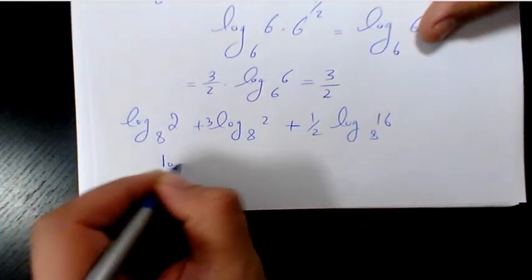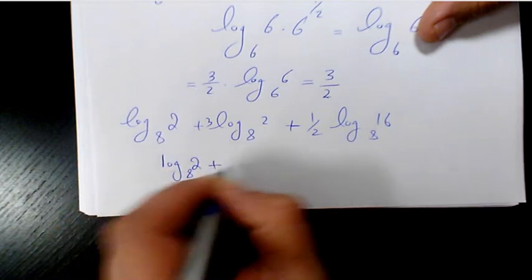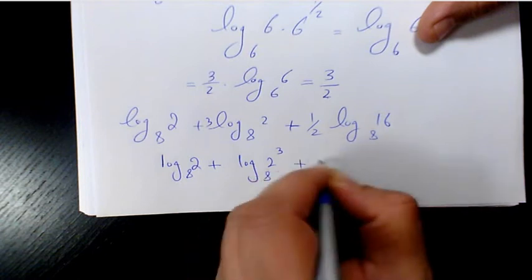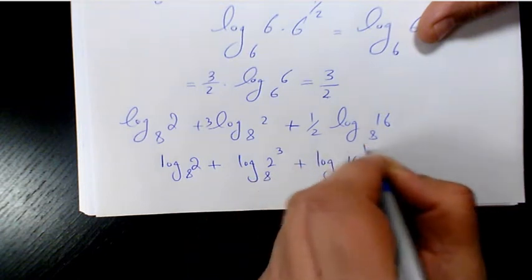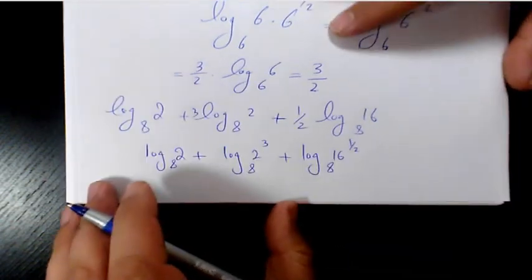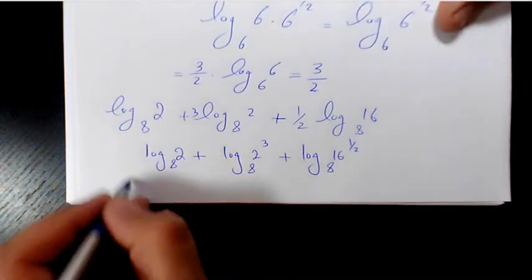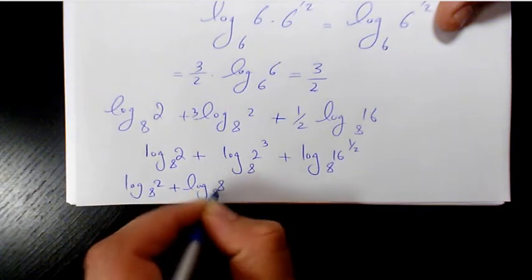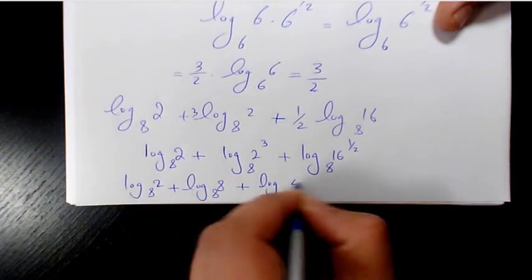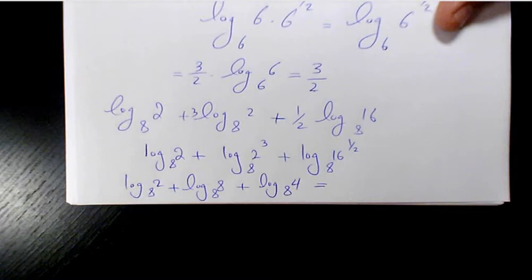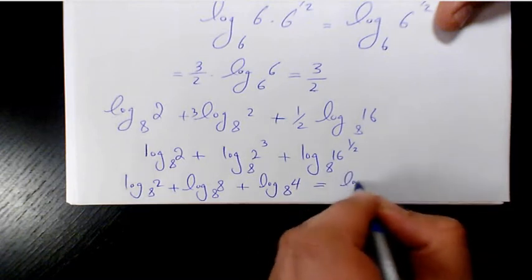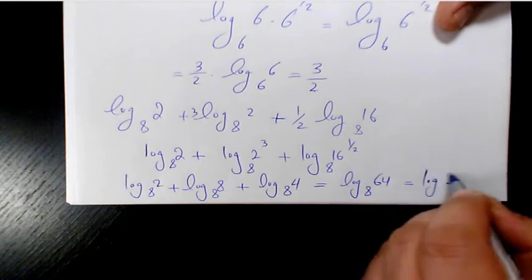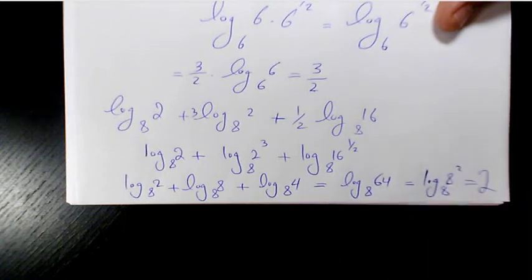So that's, you can write it as log 2 base 8 plus log 2 to the power of 3 base 8 plus log 16 to the power 1/2 base 8, which is going to be log 2 base 8 plus log 8 base 8 plus log 4 base 8, which is going to be log 64 base 8, and that's going to be 8 squared. That's going to be equal to 2.